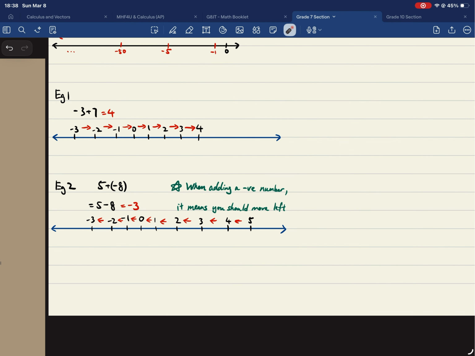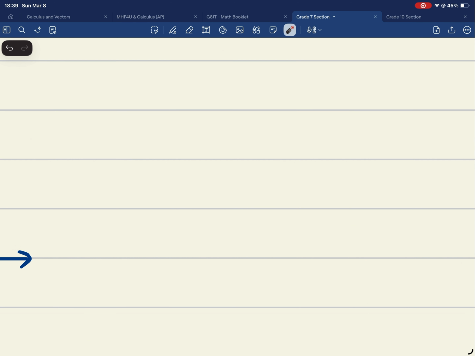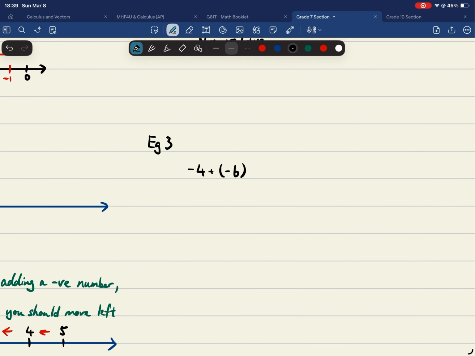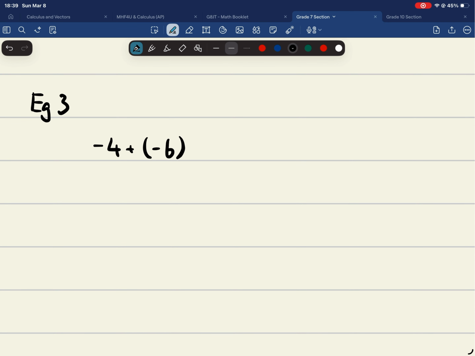For example 3, let's write example 3, and the question will be -4 plus bracket -6. And remember, both numbers are negative.